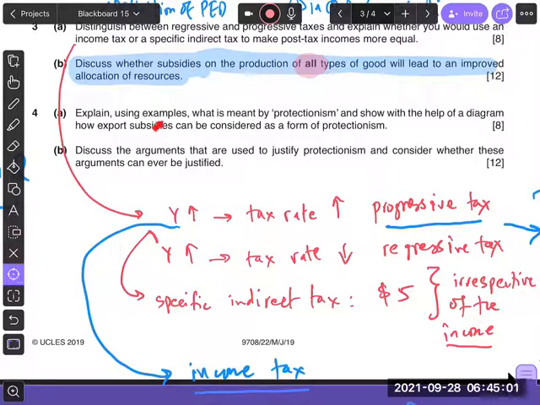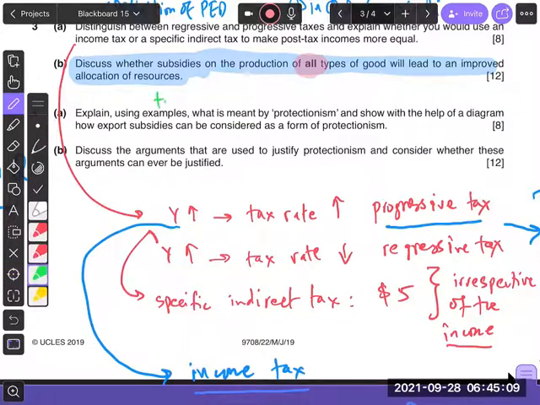Okay, explain using examples what is meant by protectionism. Protectionism is when the government decides to put trade barriers, in terms of tariffs or quotas or other non-price barriers, like we saw in our notes, for example, the government puts paperwork and other requirements.